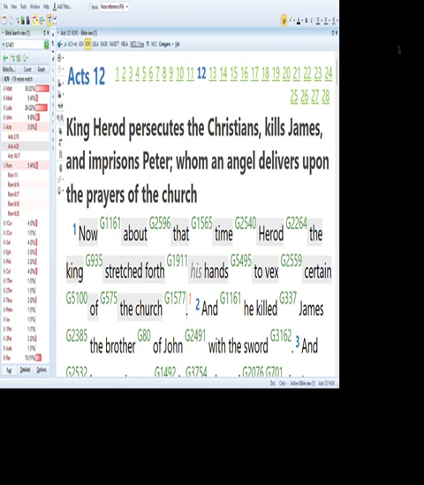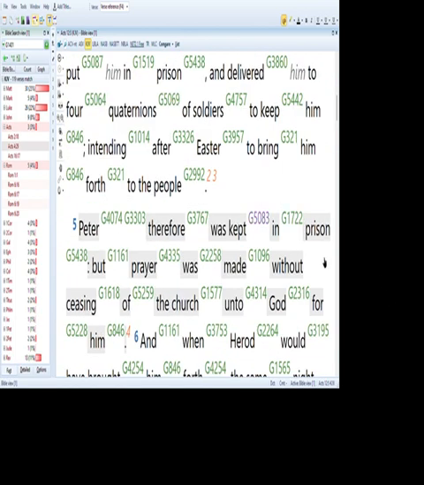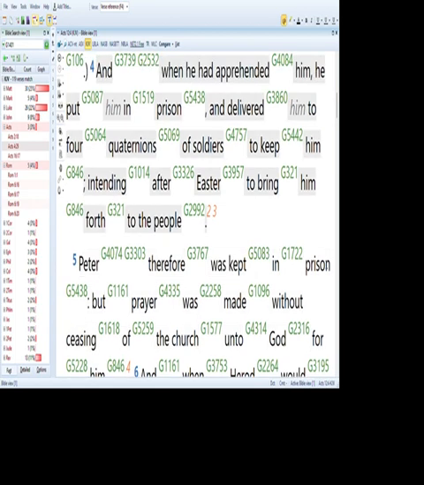What was your question? In Acts in the King James, chapter 12, verse 4? Yes. It says, when he had apprehended him, he put him in prison and delivered him to 4 quaternions of soldiers to keep him, intending after Easter to bring him forth to the people.